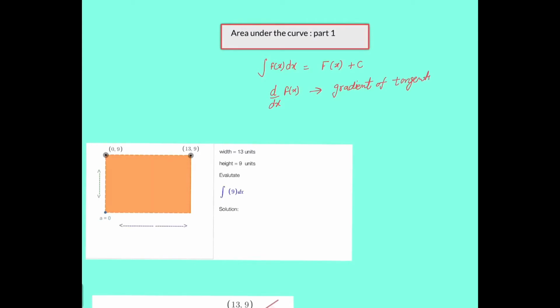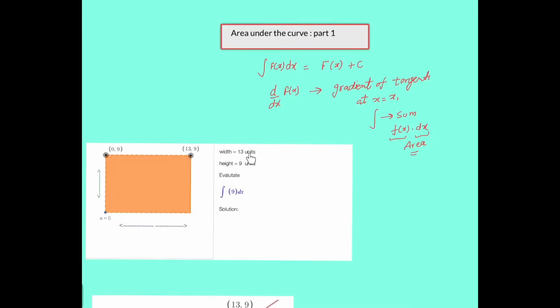But in integration, the purpose of integrating some functions is basically finding the sum of the rectangles or small polygons under that curve but above the x-axis, because it has two parts, f(x) and dx. dx is the width and f(x) is the height, you can say. So that's the area. We can understand this concept using rectangles and triangles.